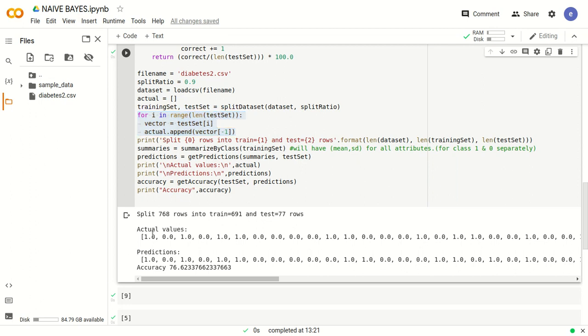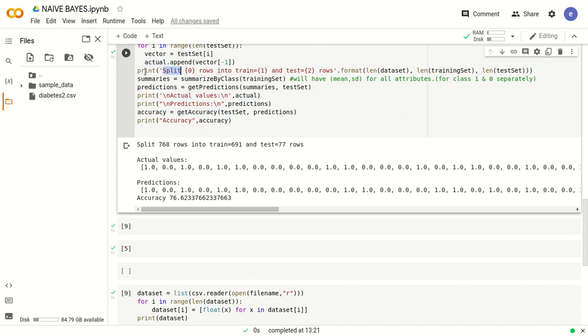So the actual value you can see here, 1.0, is nothing but the outcome column, that is the last column values. So there will be 77 values here, one for each of the 77 rows. That is what is contained in this actual variable.